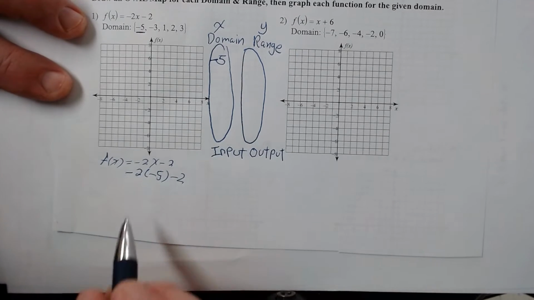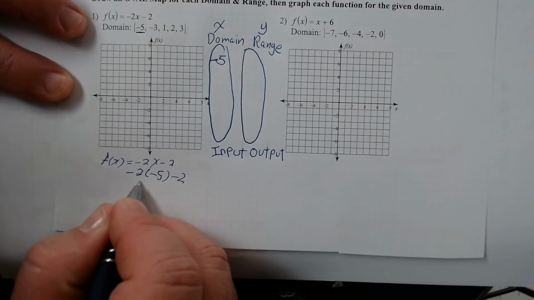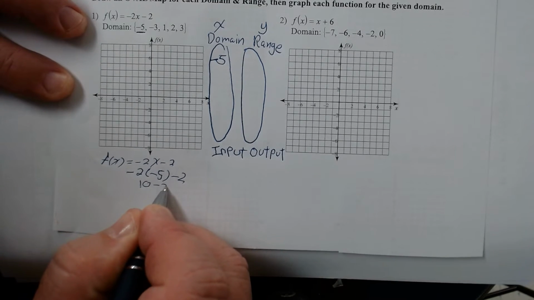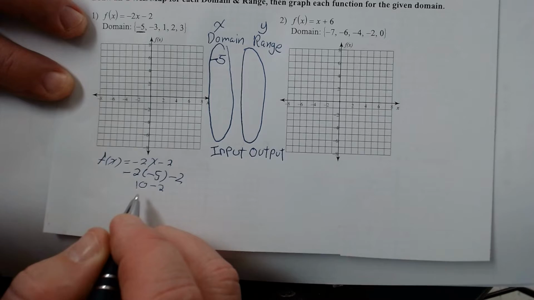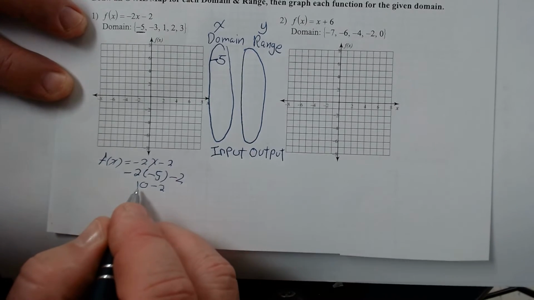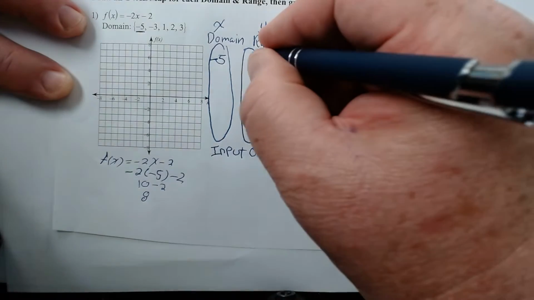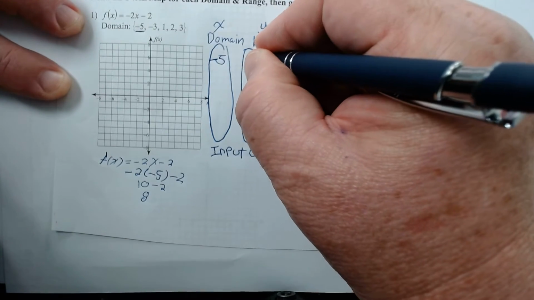Now when I do that, I'll multiply -2 times -5 to get positive 10, then subtract 2, and then my range, 10 take away 2 will be 8. So then I'll plug in an 8 for range.